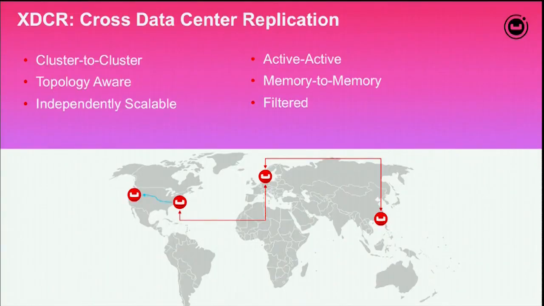Just a couple more points before I hand it over to the demo team. We didn't talk too much about it, but Couchbase has cross-data center replication, whereas other technologies talk about spreading a cluster across many nodes, spread across other databases, other data centers, and geographically, Couchbase focuses on individual clusters existing in as many geographies as you want, and then linking them together with unidirectional, bidirectional, and/or filtered replication.